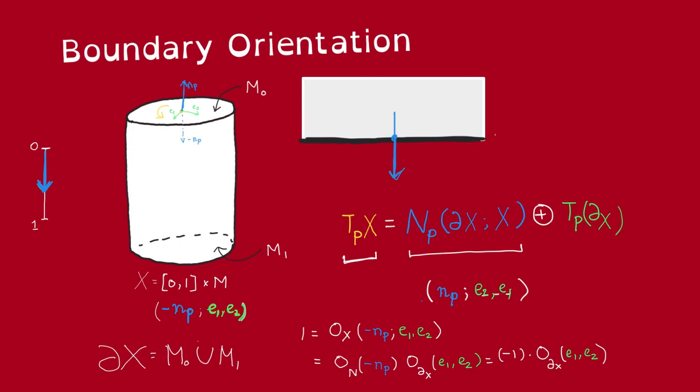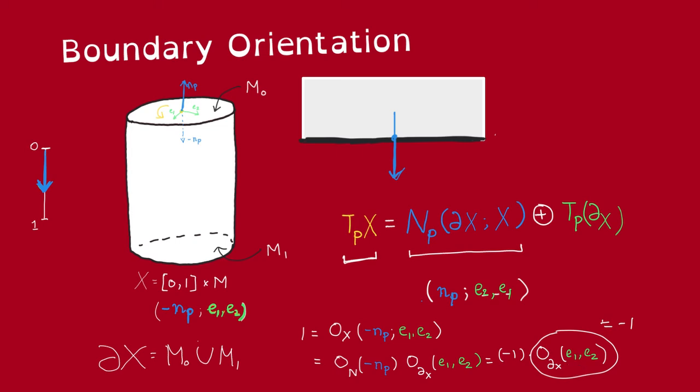So let's see why. First, since this triple represents the orientation on X, we know that this order number is 1. But by definition of product orientation, this order number is just the product of this order number and this order number, which is minus 1. So that means that this order number is also minus 1. So that means that the orientation on the boundary here is not represented by e1, e2.